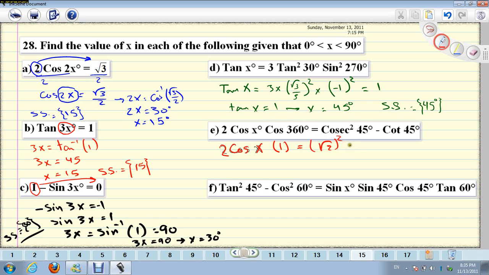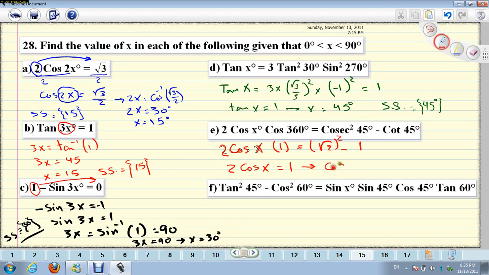There is no button for cosec on the calculator. Minus cotan 45. Cotan is the reciprocal of tan. So tan 45 is 1, so cotan 45 is another 1. Okay, so 2 cosine x times 1 is 2 cosine x equals root 2 minus 1... the answer is 1.